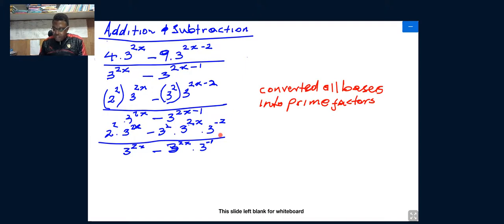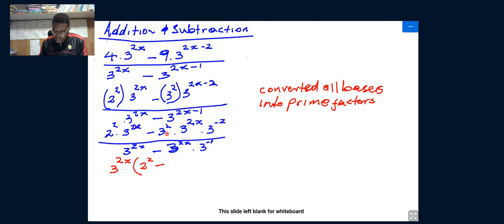But by definition, we're not allowed to have a negative exponent. When we're here, we're about to finish now, we are taking out a common factor. Let me make it red. This common factor is a 3 to the power 2x. Inside, I'll be left with 3 to the power 2x divided by 3 to the power 2x is 1.